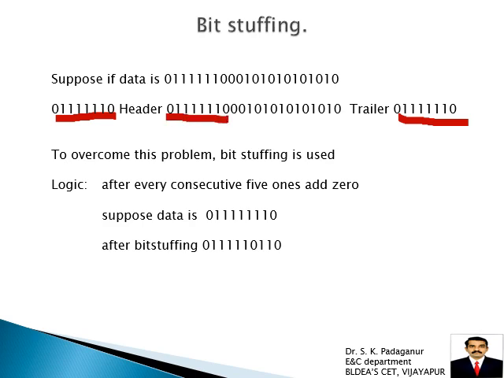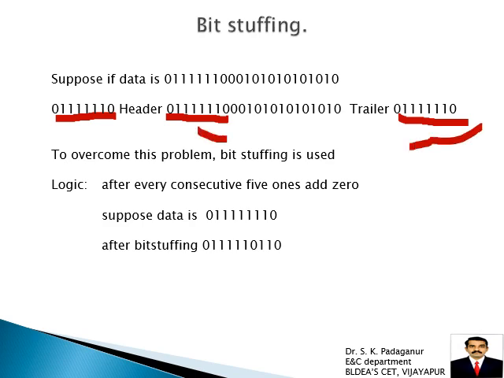At the receiver, the frame will start from a flag and end with a flag, but the receiver, after the first flag, assumes this is the start of the data, and then it receives 0 1 1 1 1 1 1 0. In that case the receiver will think that this is the end of the frame, but the end of the frame is here, not here.